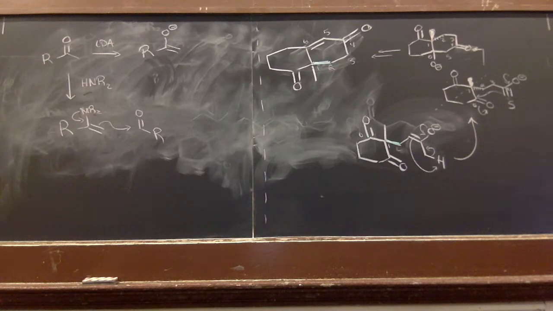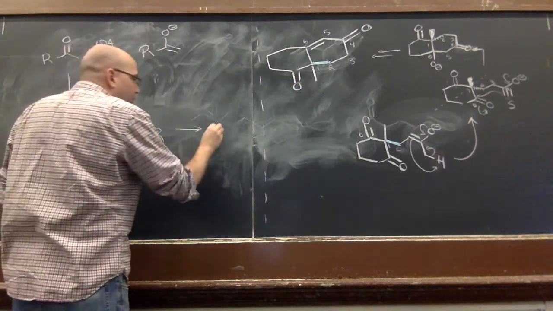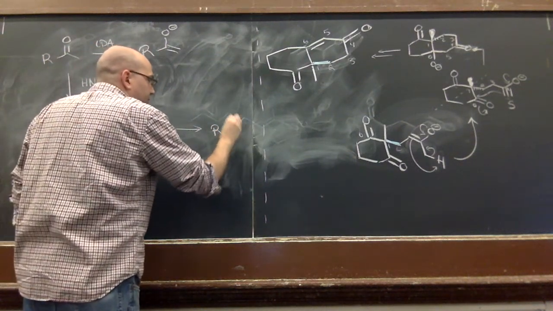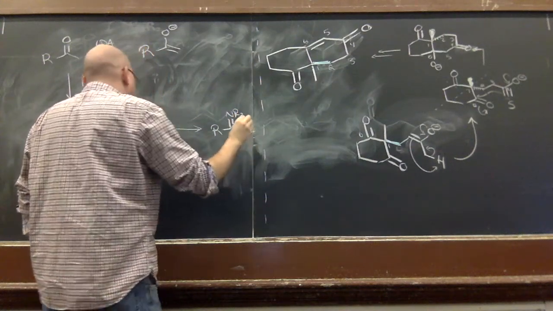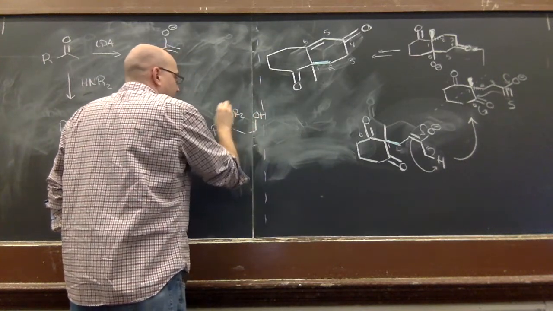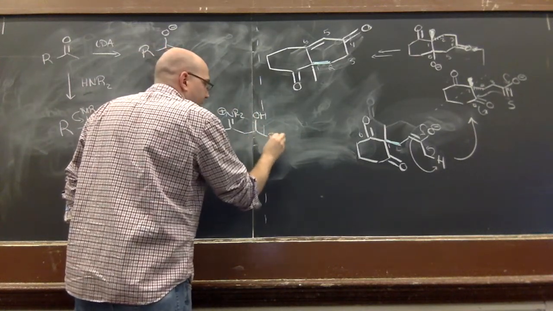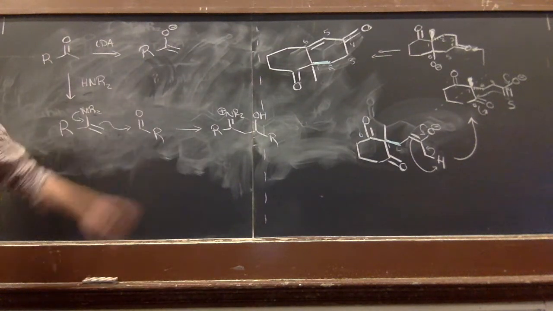You can basically use enamines to generate this type of system. When you do this, in a few steps, you can imagine getting to a system like this, after we do this and protonate it.